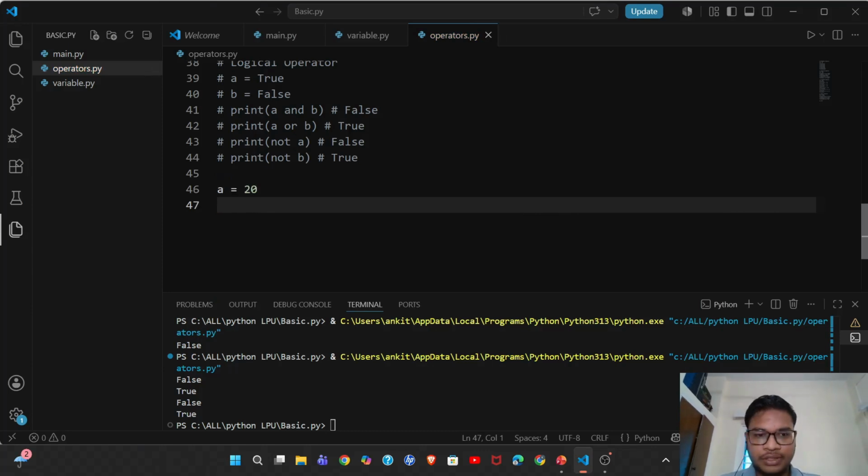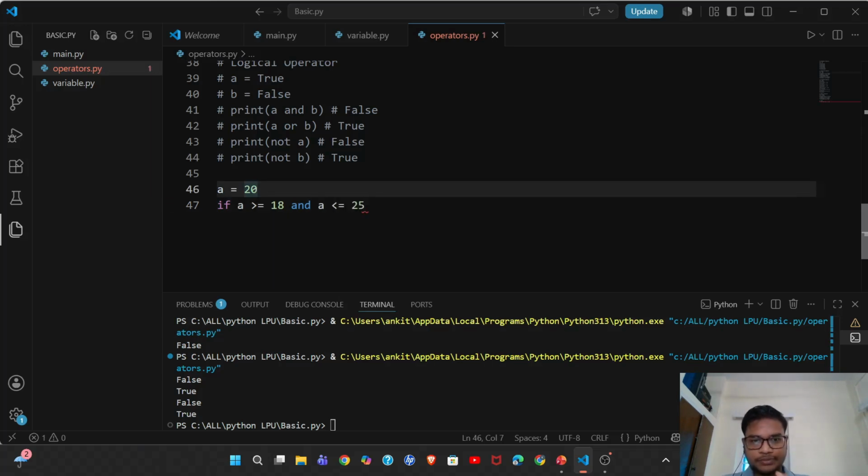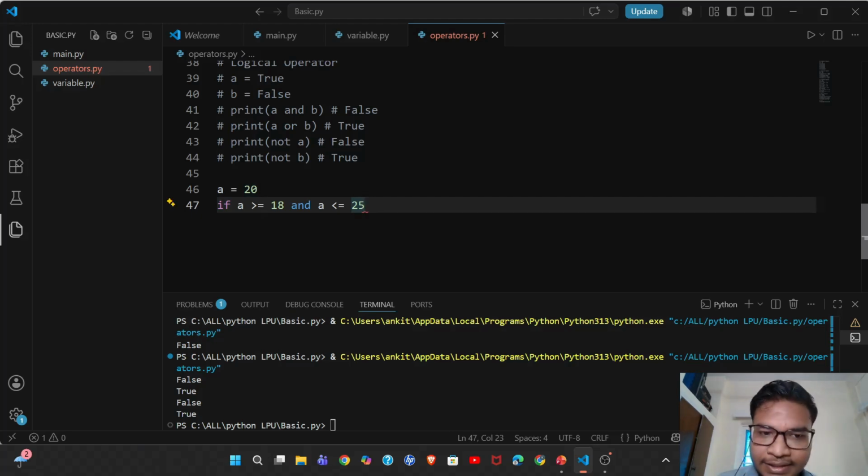And if A is greater than or equal to 18 and A is less than or equal to 25. Correct? A is greater than 18 and A is less than 25.